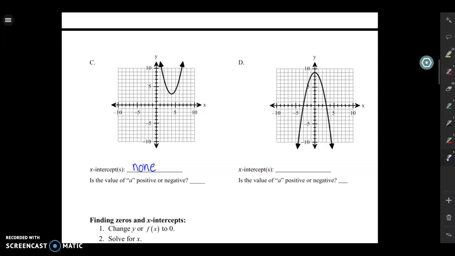And in example C, we can still say that the a value is positive because that parabola is opening up. Okay, let's do this last example here. We have 2 x-intercepts here, negative 3, 0, and 3, 0. And a is negative because the parabola is opening down.